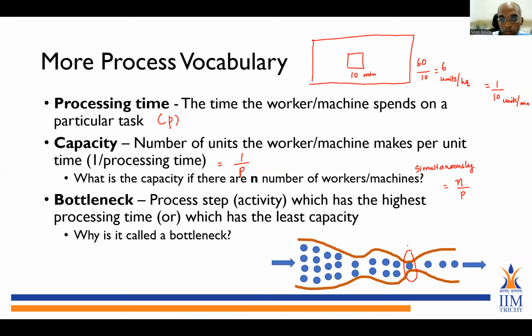So this is what a bottleneck does. Bottleneck is very, very important in any process. You can think of it as a protagonist, whether it is the hero, heroine, villain, whatever you want to call it, because without bottlenecks, you cannot assess what the overall capacity of a process is going to be, right?